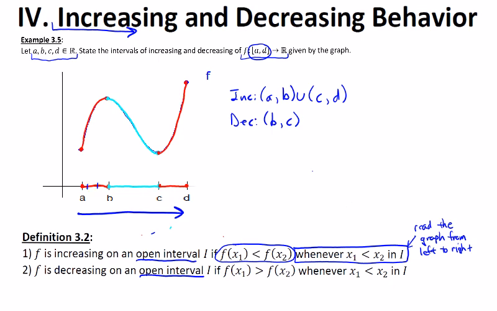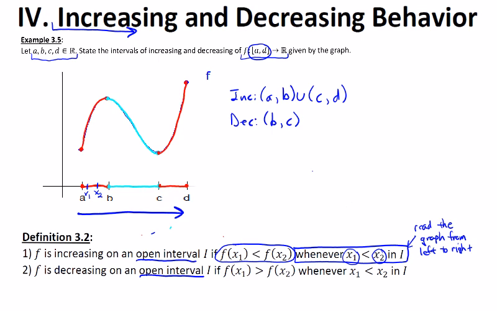What we're about to apply from the definition should work for any 2 points inside of this interval. And the convention says that x1 has to be less than x2. That's what forces us to read this from left to right. So I have to call this one x1 and this one x2. I can't reverse that. The definition says I can't.